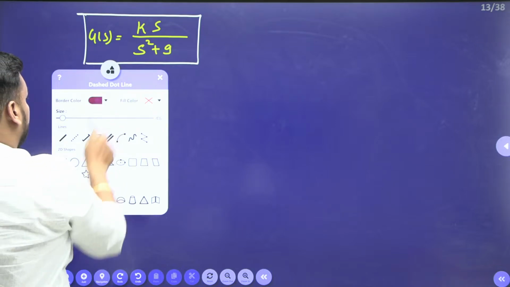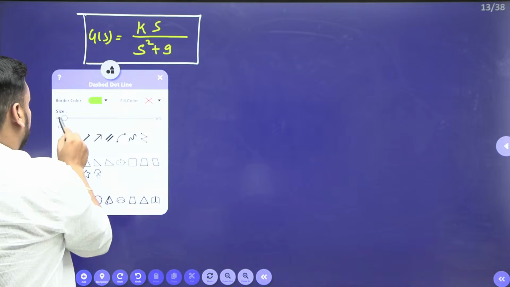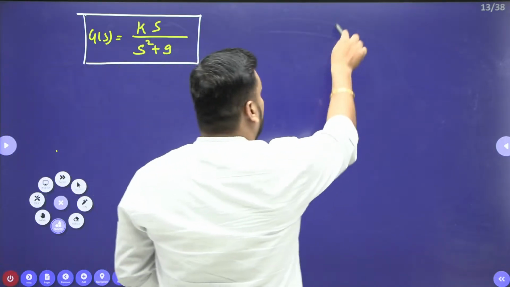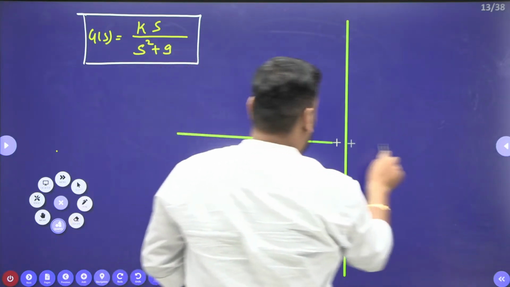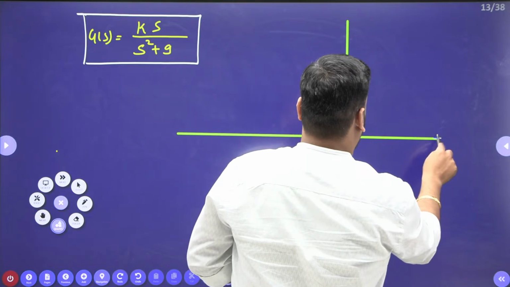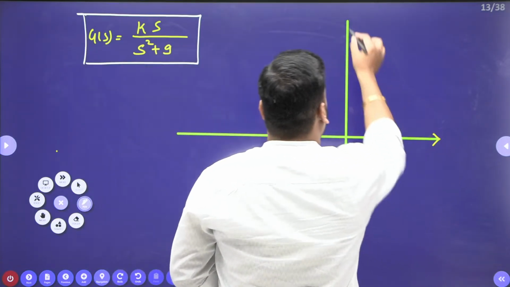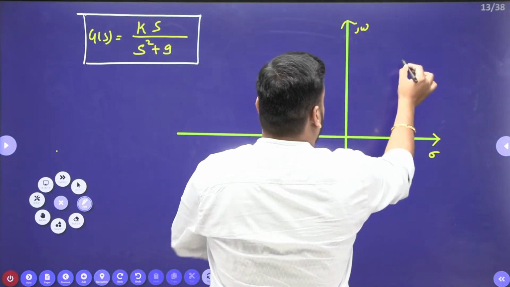I will make a root locus diagram here for you. This is my s plane, this is sigma, this is j omega.